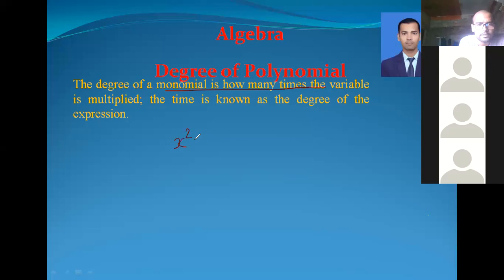It means what? The x is multiplied 2 times. How many times is the x multiplied? 2 times. The x is multiplied here 2 times: x into x.